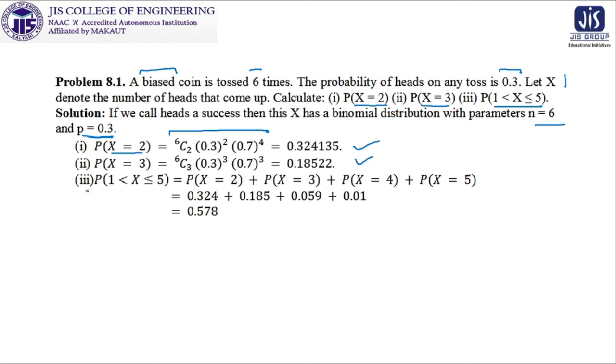I am emphasizing this part: when we are interested in X greater than 1 but less than or equal to 5, that means we are interested in X=2, X=3, X=4, and X=5. As it is a discrete distribution, the distribution of a discrete random variable, we can calculate all these values according to this mass function, and we will get the result like this.